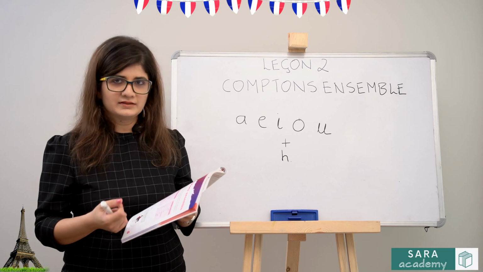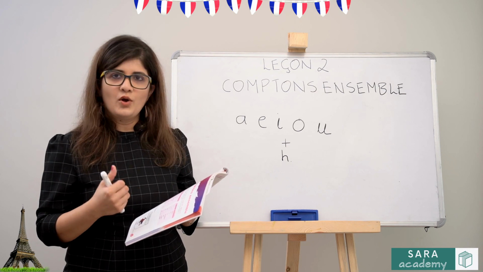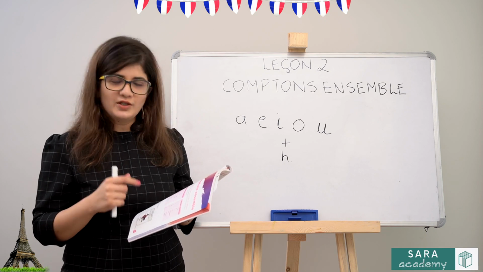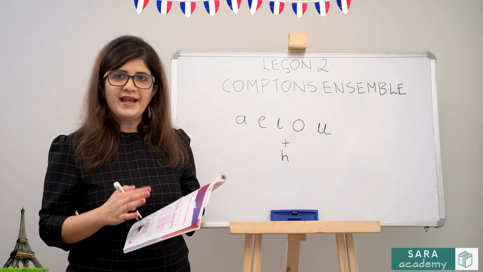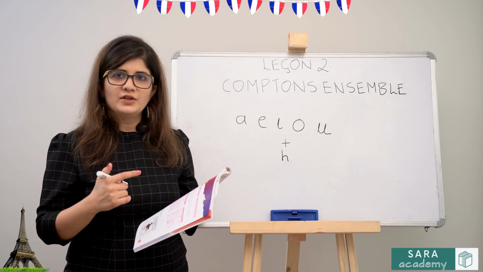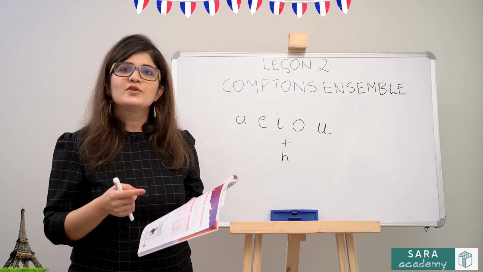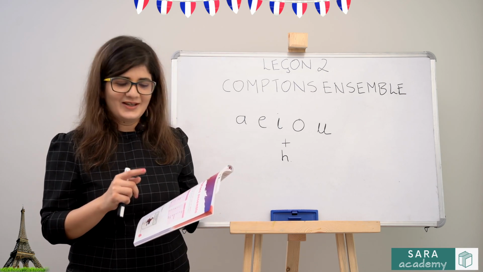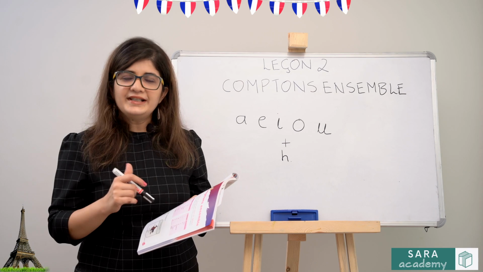L is L, M is M, N is N, O is O, P is Pe, Q is Q, R is R, S is Se, T is Te, U is U, V is Ve, W is W, X is X, Y is Y, and Z is Z. So please learn.